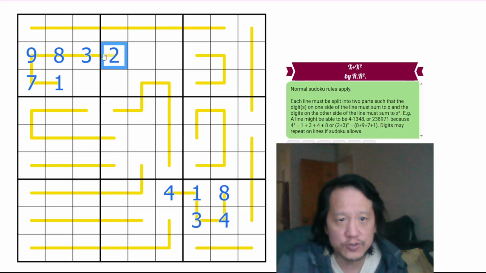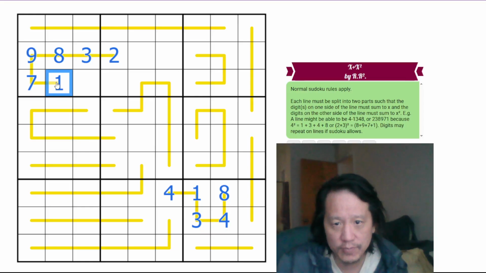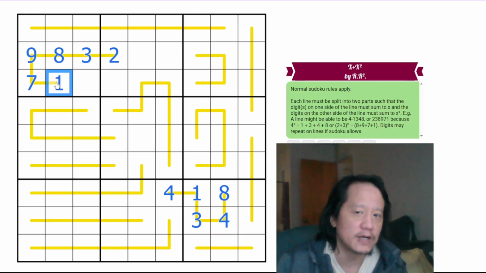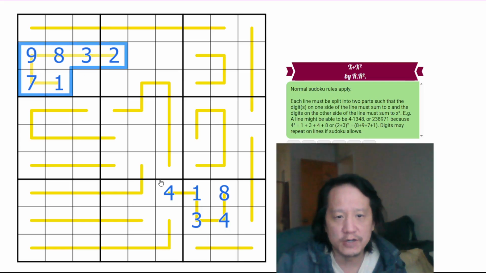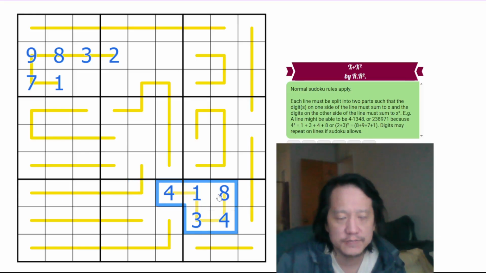Or you have 2 plus 3, which adds up to 5. So 5 squared is 25, which is equal to 8 plus 9 plus 7 plus 1. And digits may repeat on lines if Sudoku allows. So these are the examples that are given, which seem completely valid. And those are all the rules.